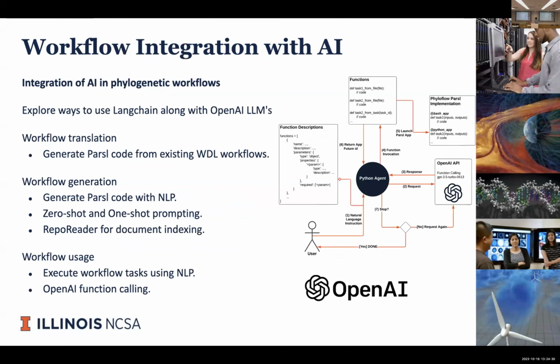What we also did is we tried to augment this workflow with large language models. We primarily used OpenAI's API to do this. Here's a little bit of a diagram as to how we went about doing this. We primarily used function calling, which is a fairly new feature that allows OpenAI to directly, based off of user input, execute some program.